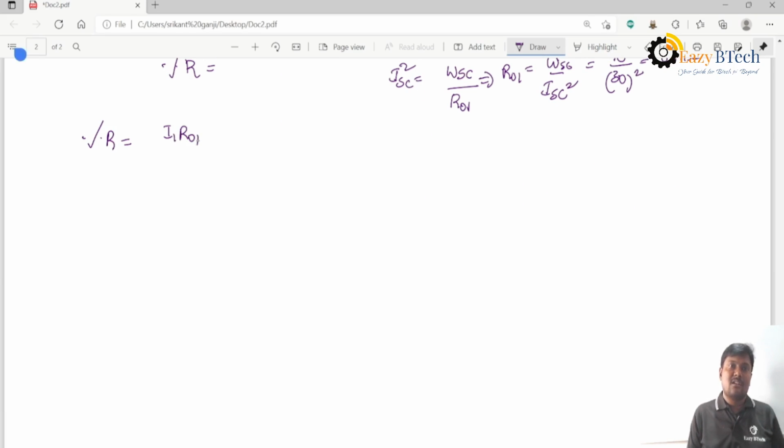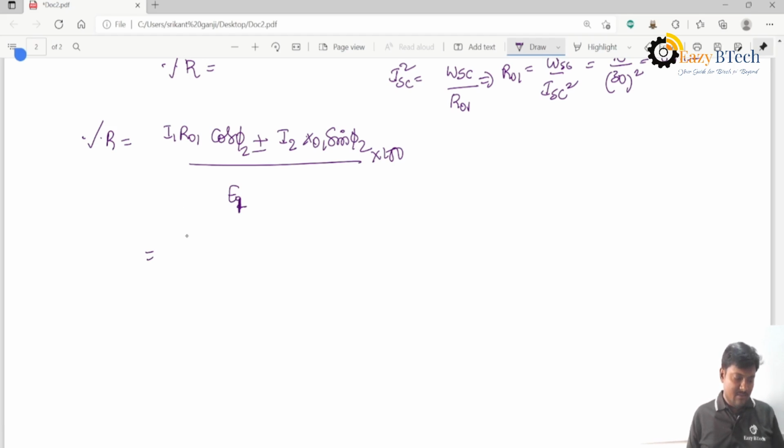So the percentage regulation formula is I1 R01 cos phi 2 plus or minus I1 X01 sin phi 2, divided by E1, into 100. What is I1? The I1 which is calculated as the full load current is 40, R01 is 0.111, and the power factor is 0.9.